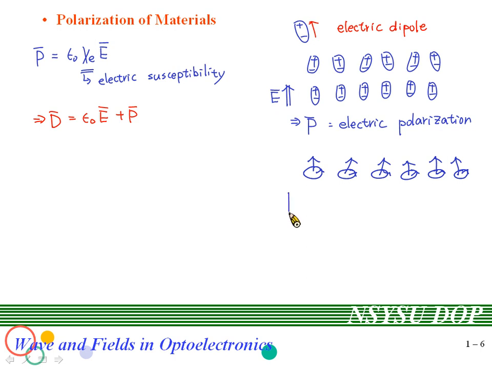However, if you apply the external H field, this H field will make these magnetic dipoles point in the same direction, so they will form the M vector, which is so-called magnetic polarization.